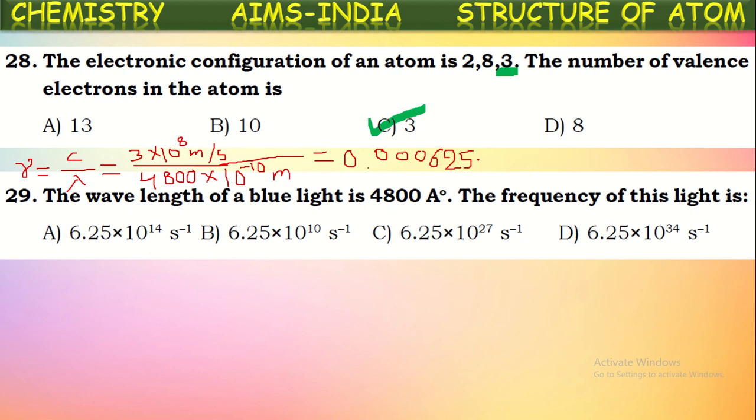If you divide this 3 with 4800 into 10 to the power of minus 10, and bring this 10 to the power of minus 10 to the numerator, it becomes 10 to the power of 10. 10 to the power of 10 into 10 to the power of 8 becomes 10 to the power of 18. Now if you adjust the decimal to 6.25, then it becomes 10 to the power of 14.